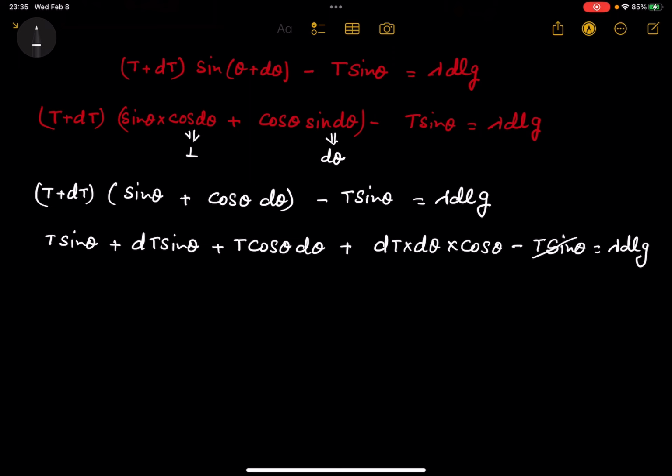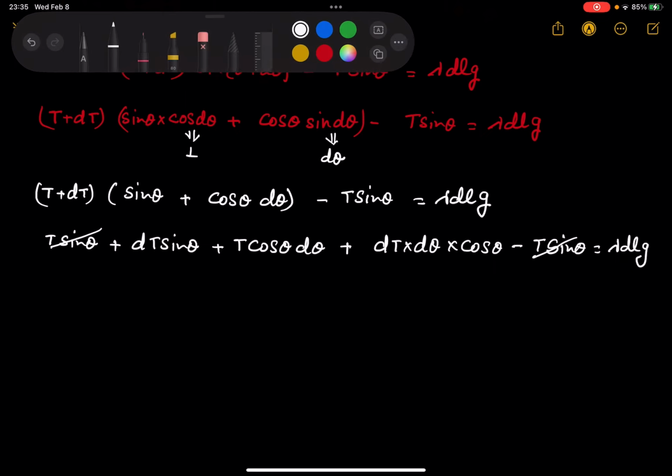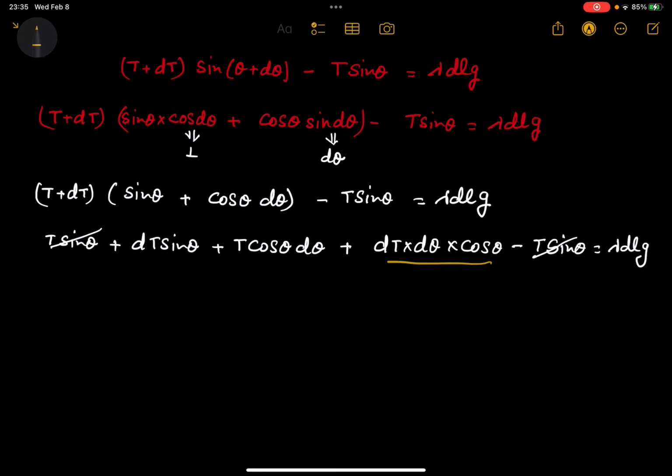My dear friends, T sin theta cancels out, and here dT is also very small and d theta is also very small. So if two very small physical quantities are multiplied, this term is neglected.